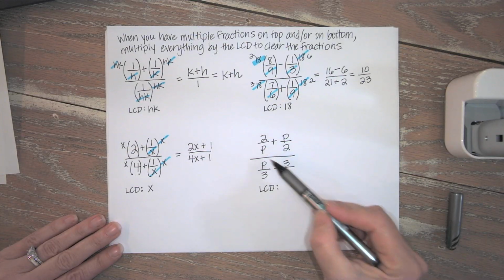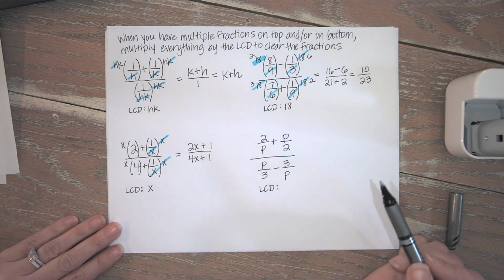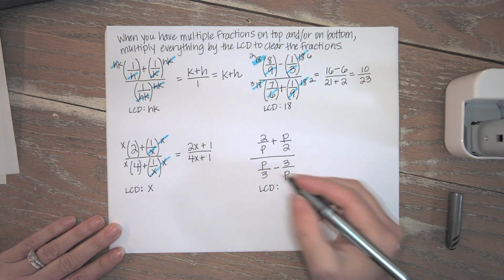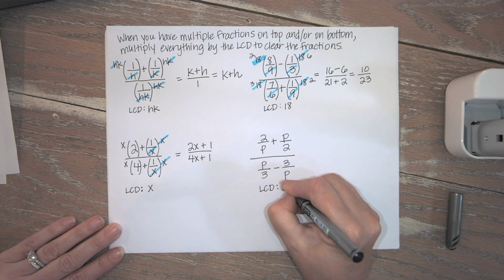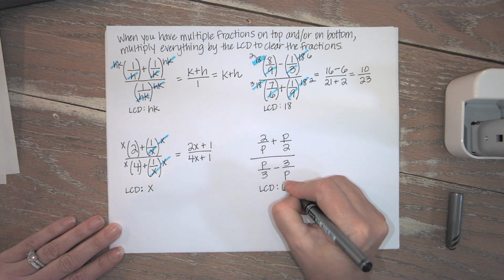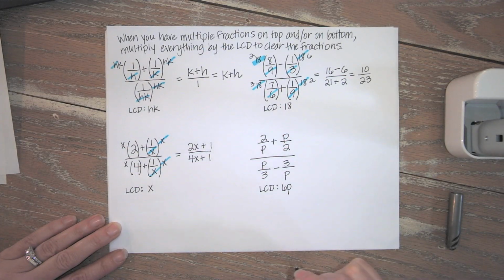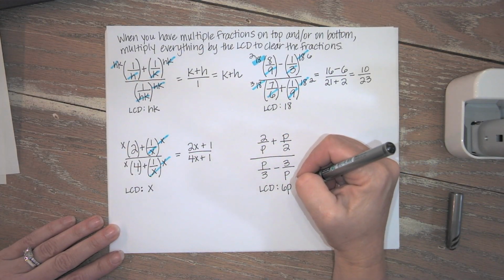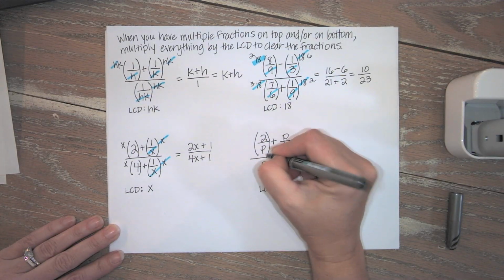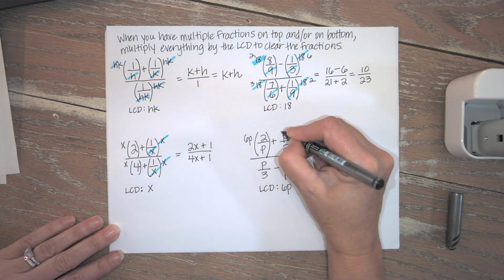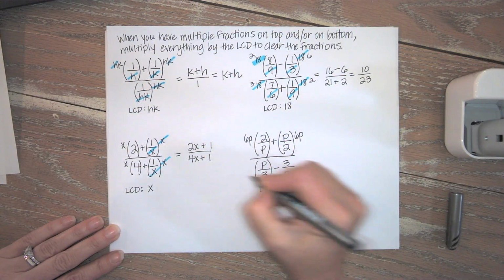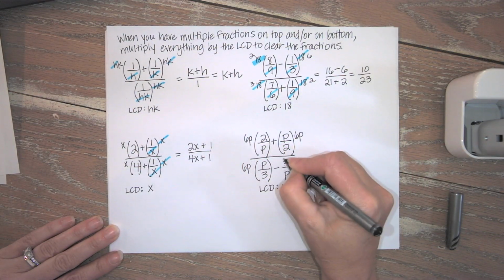I see p's, I see a 2, I see a 3. So for the number part, for 2 and 3, we're going to need a least common denominator of 6, and then we're also going to have to add to that a p. And that kind of covers everything. So our common denominator is going to be 6p. That's what I'm going to multiply each fraction by within this complex fraction.